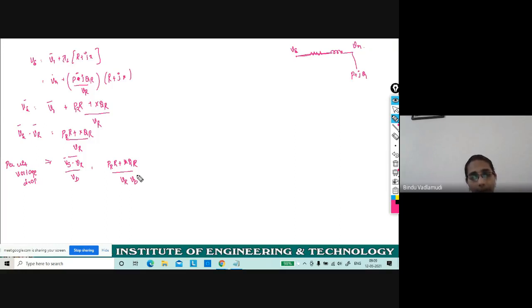Here the base value is taken as VB. So I can write (Vs bar minus VR bar) by VB is equal to (PR into R plus X into QR) by VR into VB. Is it okay? Here VB is the system voltage, or base voltage.